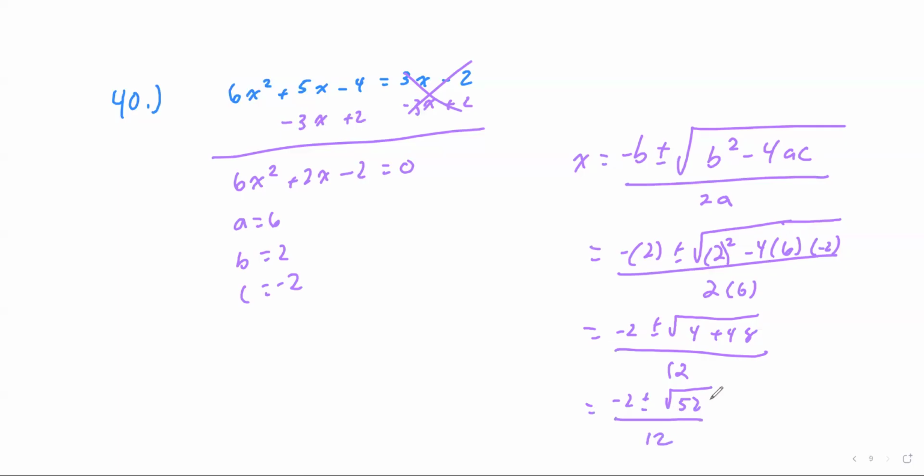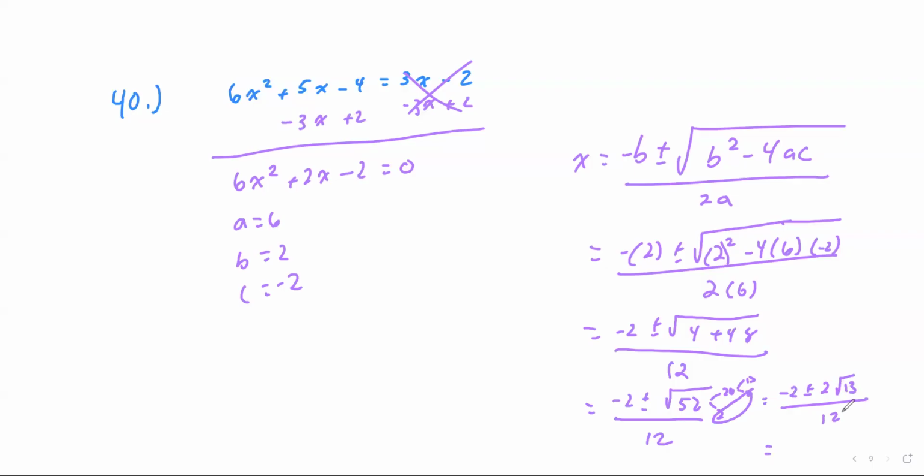So in a situation like this, this is where the factor tree comes in. 2 times 26, 2 times 13. I can pull a 2 out. So then I get -2 plus or minus 2 square root of 13 over 12.